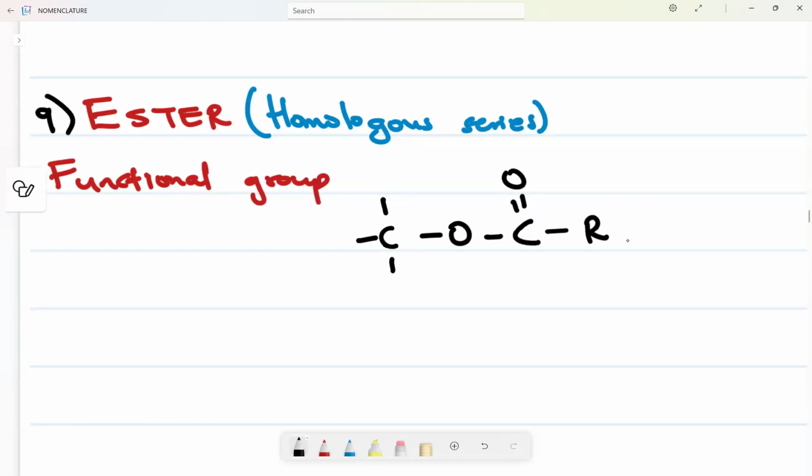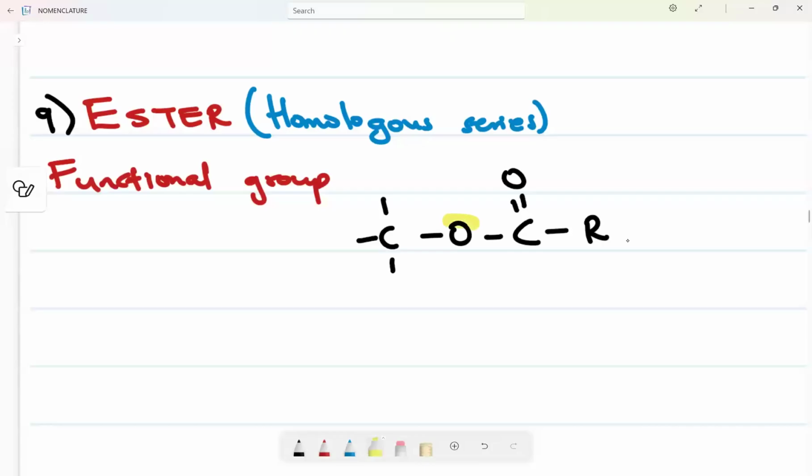Remember I told you that it is a reaction of an alcohol as well as a carboxylic acid. So this part, divided by an O here, tells you that on one side, it can either be an alcohol or a carboxylic acid, and on the other side, it is alcohol or a carboxylic acid. In this case, you can see here, it is carboxylic acid. Why? Because carboxylic acid has double bond O and OH, but alcohol has only OH. But now we'll see how we came up with this one.